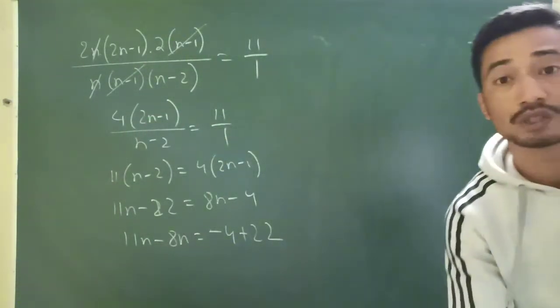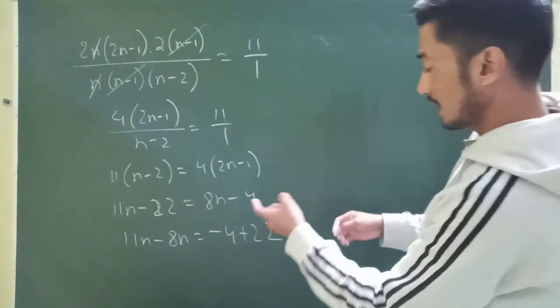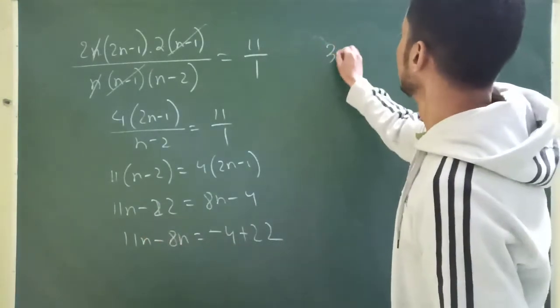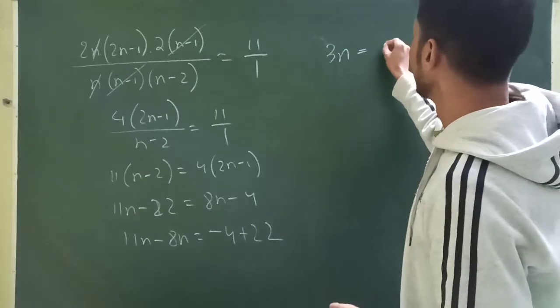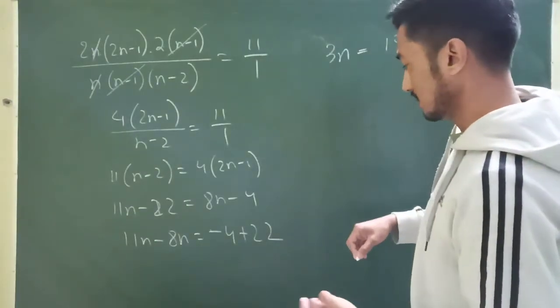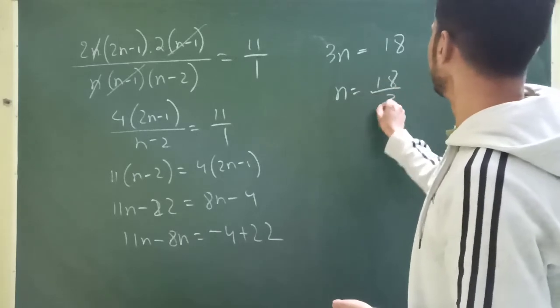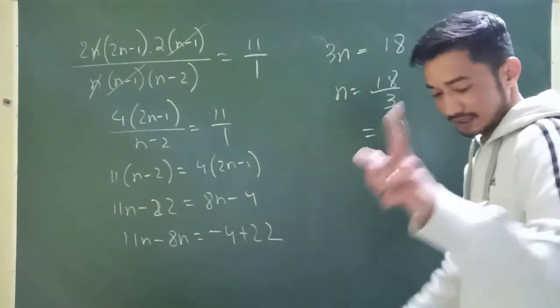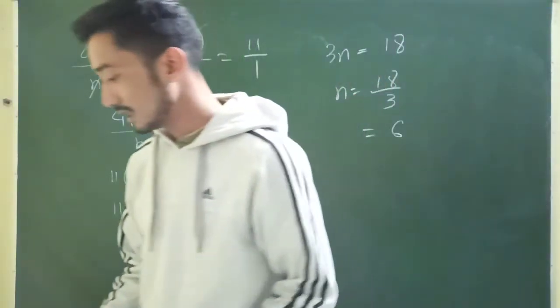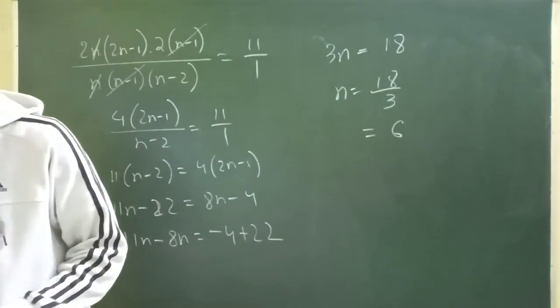So far, so good, I guess. 22 minus 4 is 18, count your fingers always. So n will be 18 by 3, that's of course 6. So the value of our n is 6.